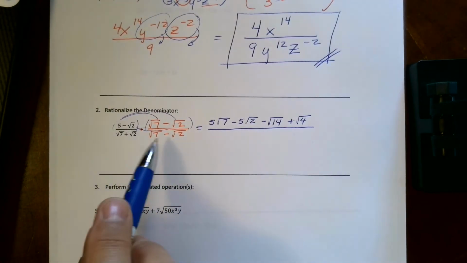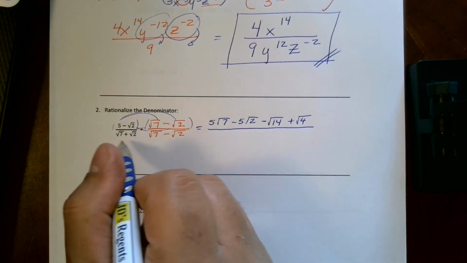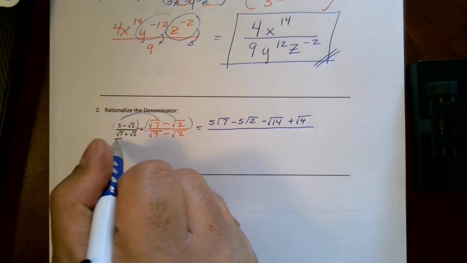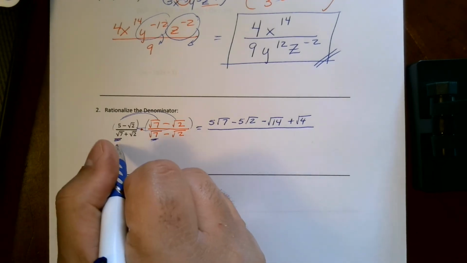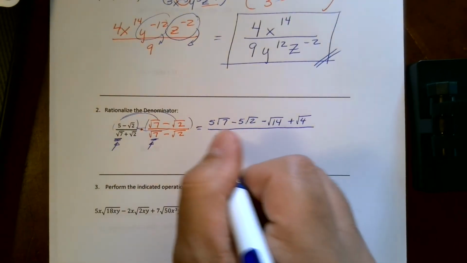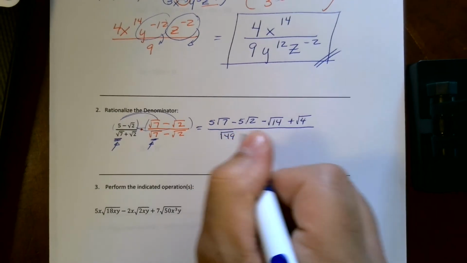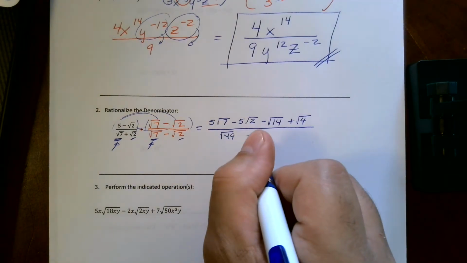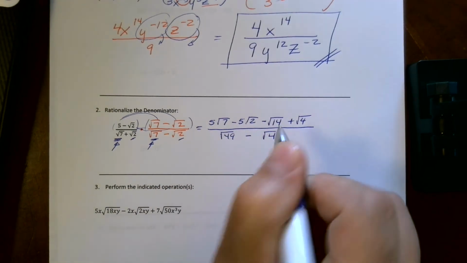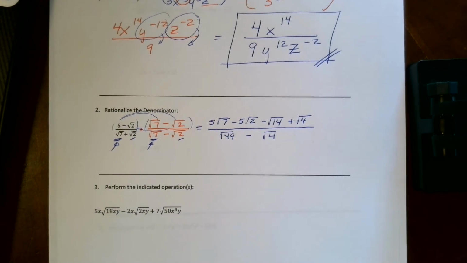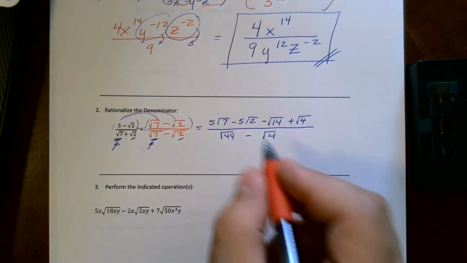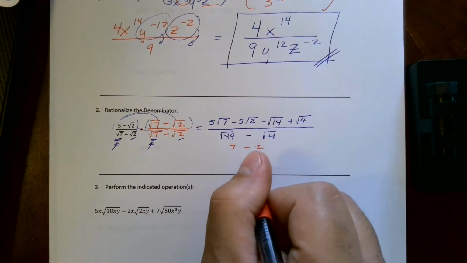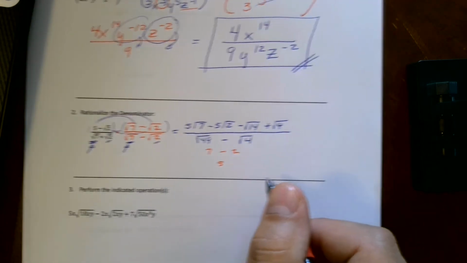Here I'm multiplying conjugates. I know when I multiply conjugates, I could FOIL this out the same way, but since they're conjugates, if I just multiply the first with the first, I get rad 49, and the last with the last, I get negative rad 4. I would have the same result as if I FOILed it. So this is 7 minus 2, so we're going to have 5 in the denominator.